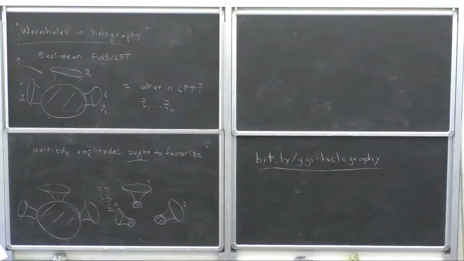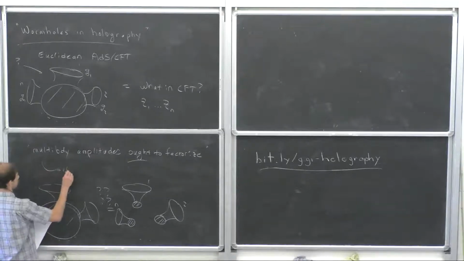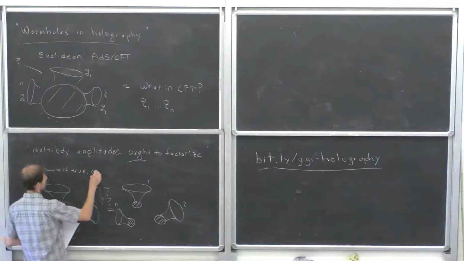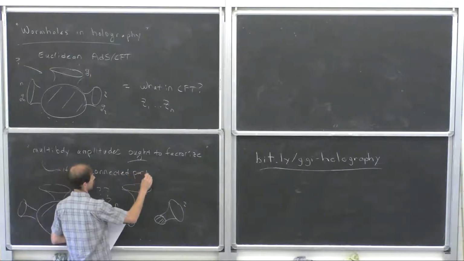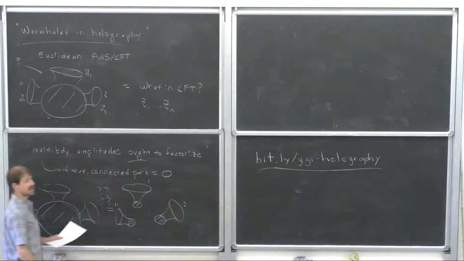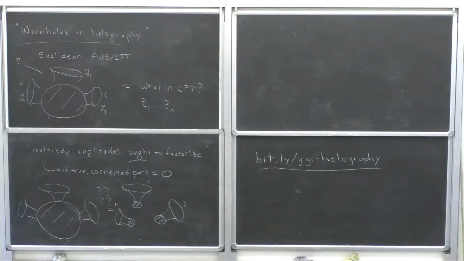This picture is further complicated by the fact that the connected part of this multi-boundary amplitude, according to this, ought to vanish identically. And it's not at all clear that that's the case. It's a very strong statement.